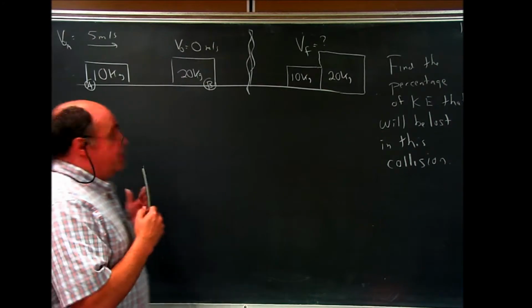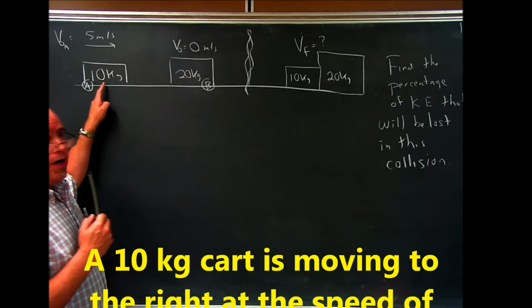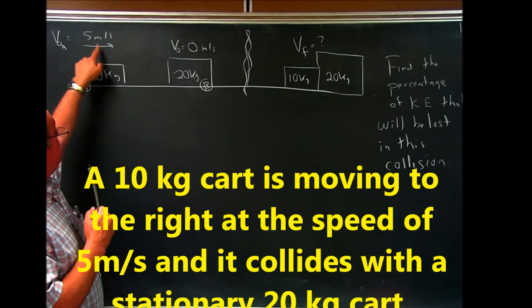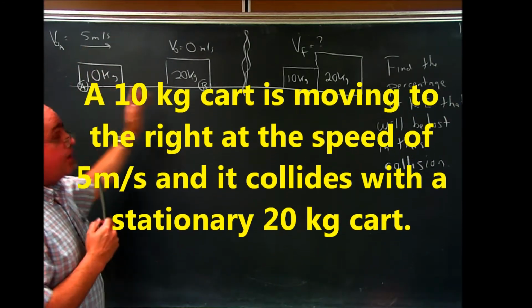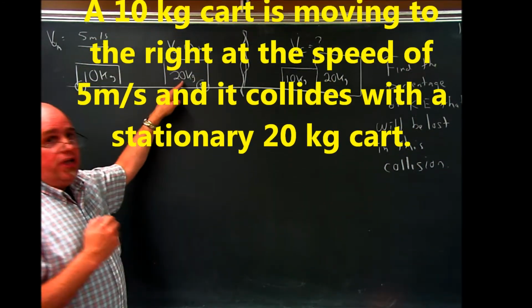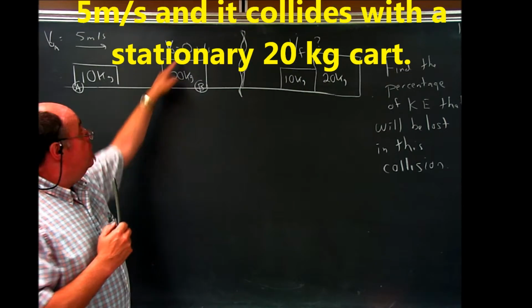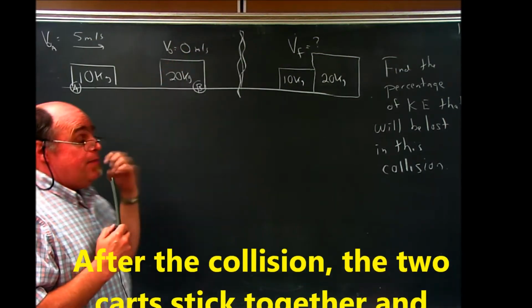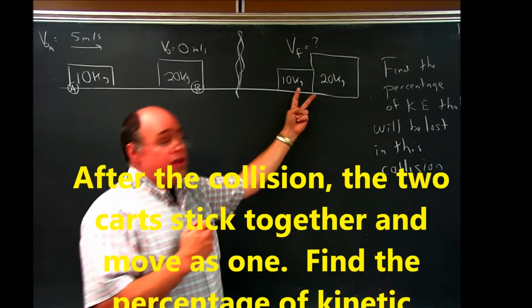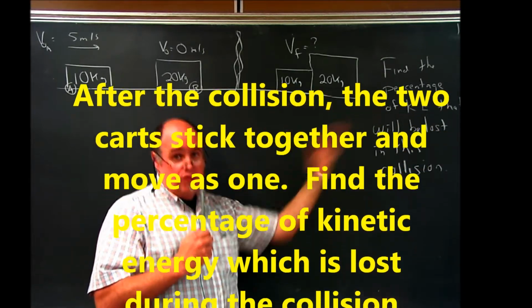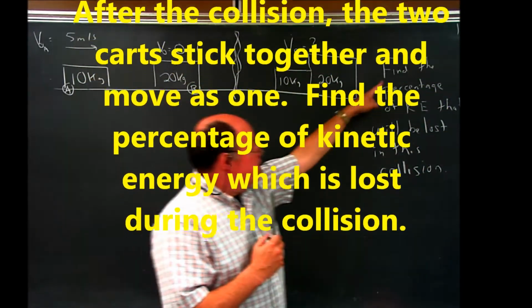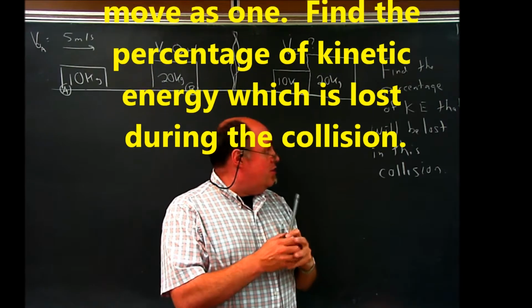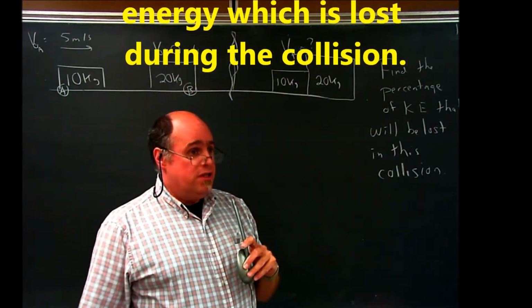The words would most likely say something like you have a 10-kilogram cart moving to the right with a speed of 5 meters per second, and it's about to collide with a stationary 20-kilogram cart, not moving. After the collision, the two carts stick together and move as one. The question is, find the percentage of the kinetic energy that will be lost during this collision.